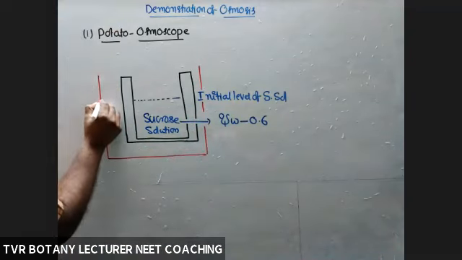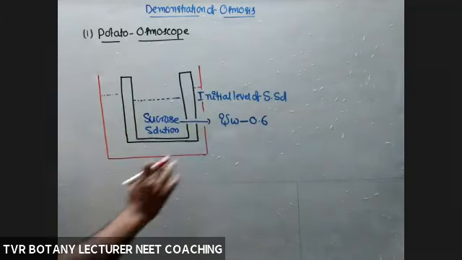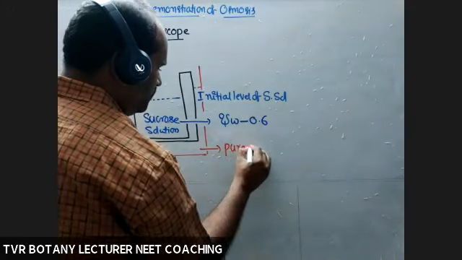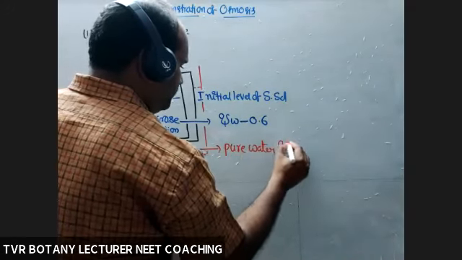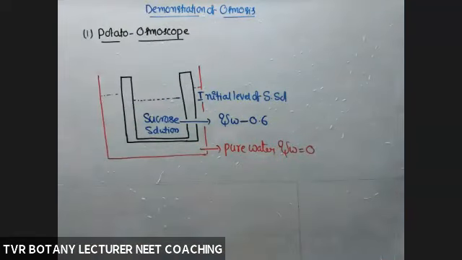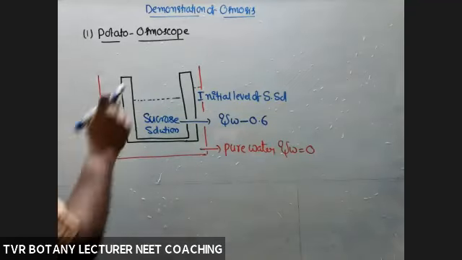So for example, pure water is up to here. Pure water definitely takes a psi W value, for example, 0. Now, what about the direction of movement of water? Definitely from beaker to sucrose solution.